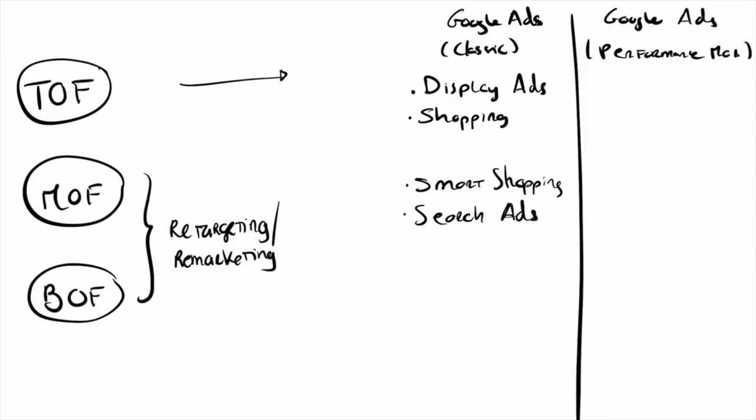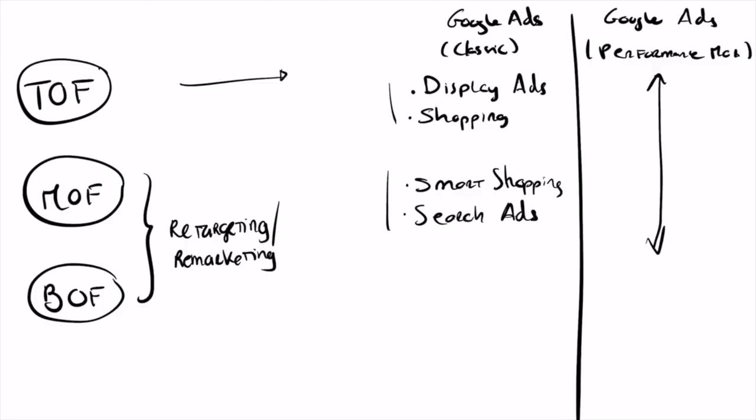And you would end up using a structure very similar to this, where you have 4 campaigns, 2 of them covering your top of funnel and 2 of them covering the middle and the bottom of your funnel. Of course, this is just an example, but with the traditional way of running Google Ads, you would need 4 campaigns to do this. Now with Performance Max, it does everything, and you have to do absolutely nothing.